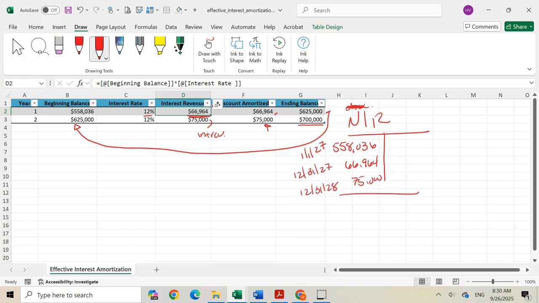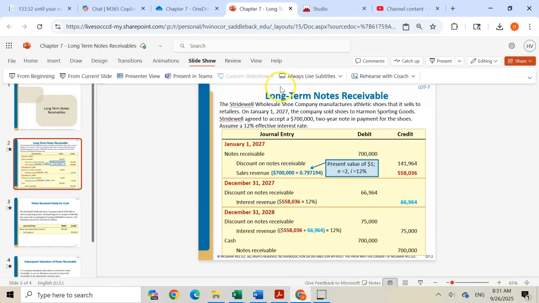And so at the end of it, we have the full $700,000 note receivable on our books. That way, when we get paid the $700,000, we have a balance of $700,000 at the end of 2028 that we can credit, and then we should be receiving the cash for $700,000. So that's just how that works. I wanted to quickly show you, but we'll go through the entries here.